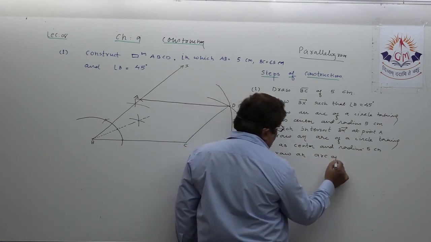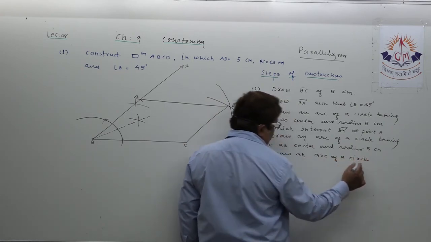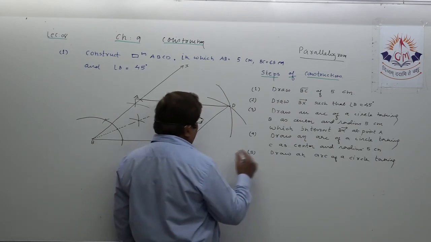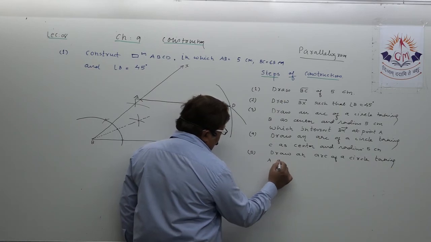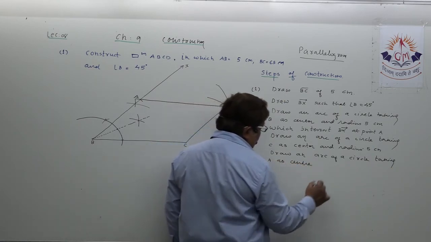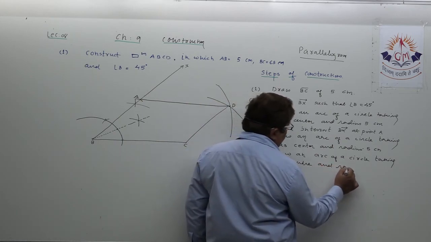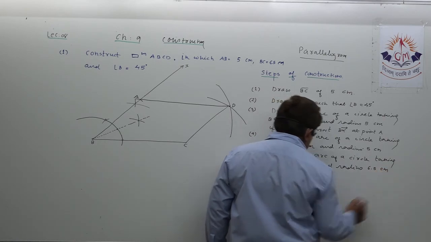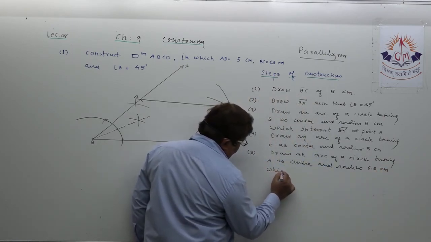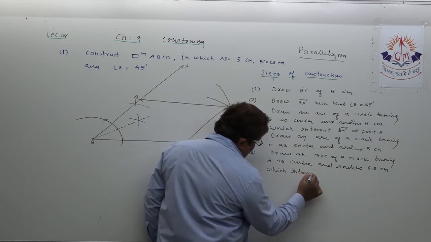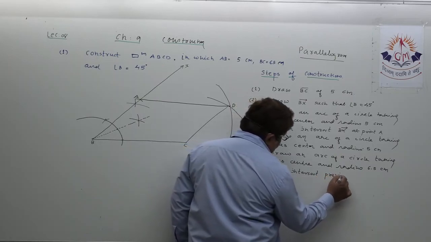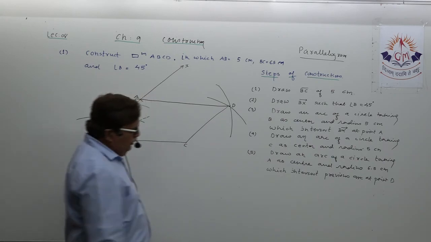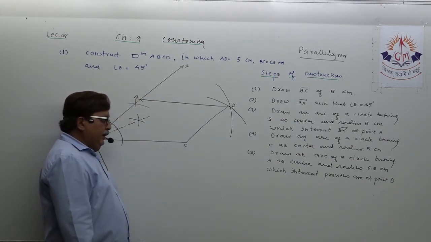Draw an arc of a circle taking A as center and radius 6.5 centimeter, which intersects the previous arc at point D.